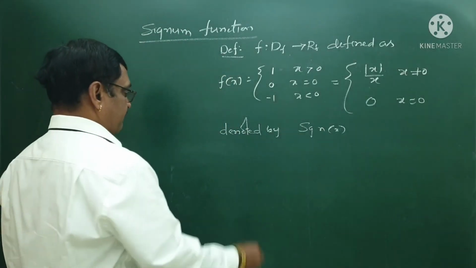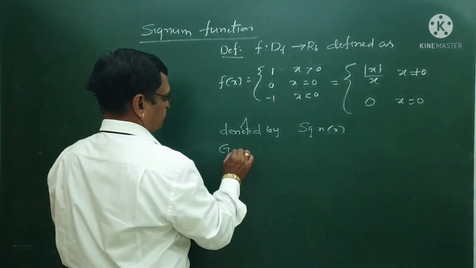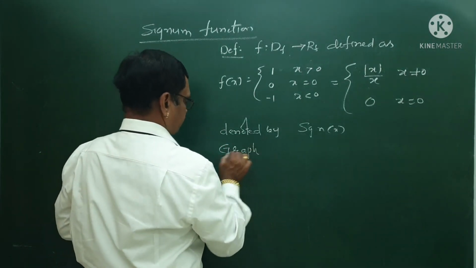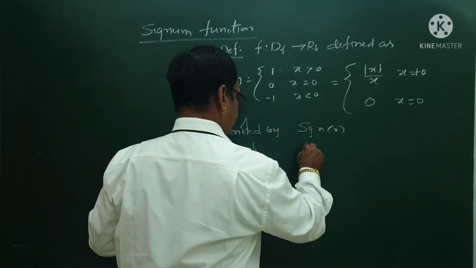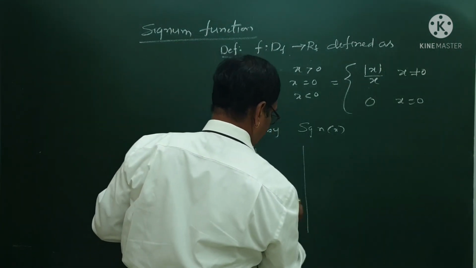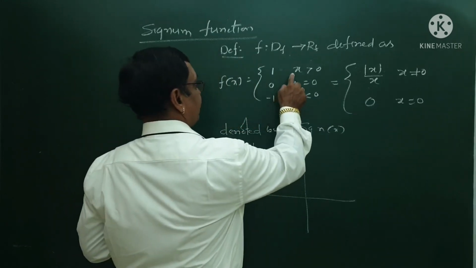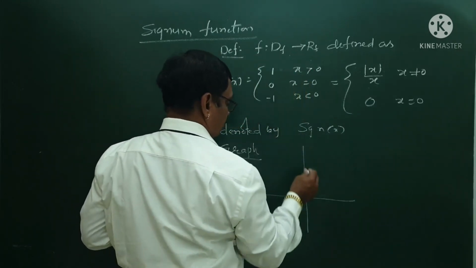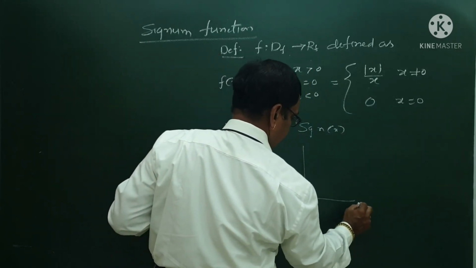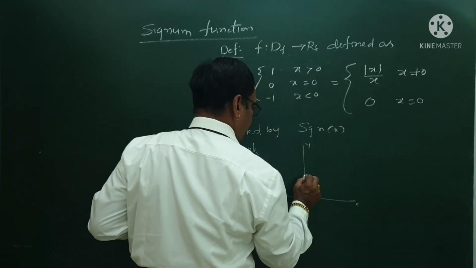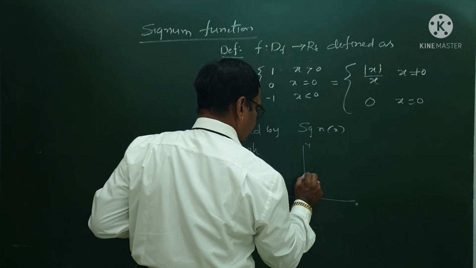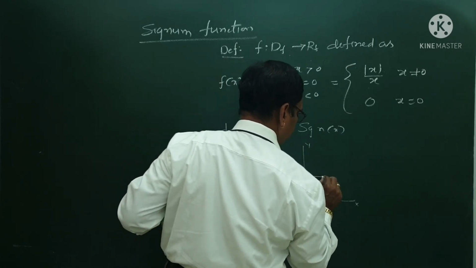Okay, now the graph. I use this one to draw the graph. First of all, when x is greater than 0, 0 is not included. So here, let this height be equal to 1. This is the graph.